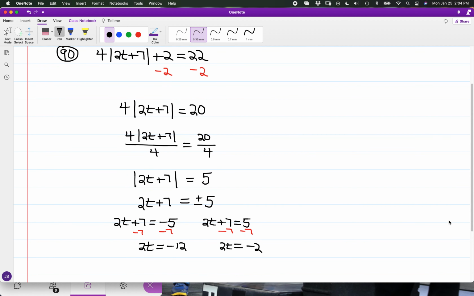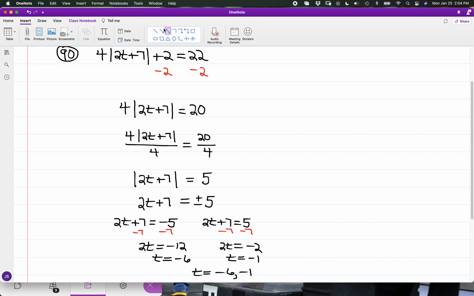With division by 2, we have that t is equal to negative 6. Also, t equal to negative 1. So we have a couple of solutions for t, where at the lower end we have negative 6, and at the upper end we have negative 1.